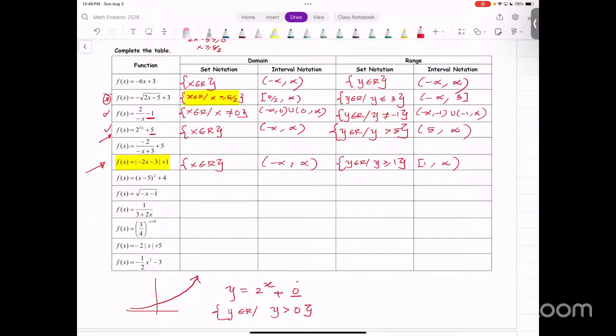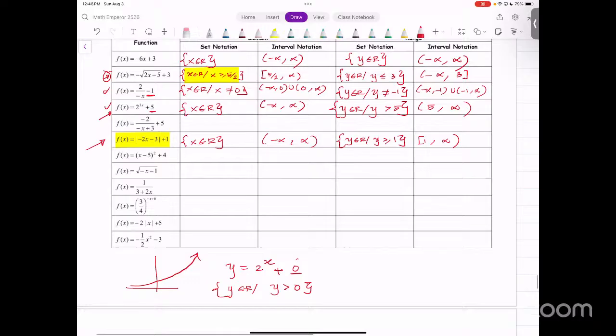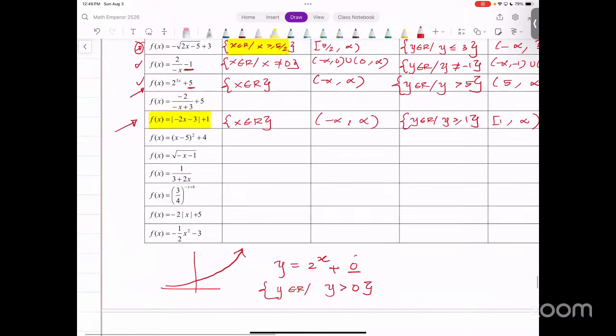All right, the next one I wanted to see, how would you guys do this? Can you look at the exponential function?